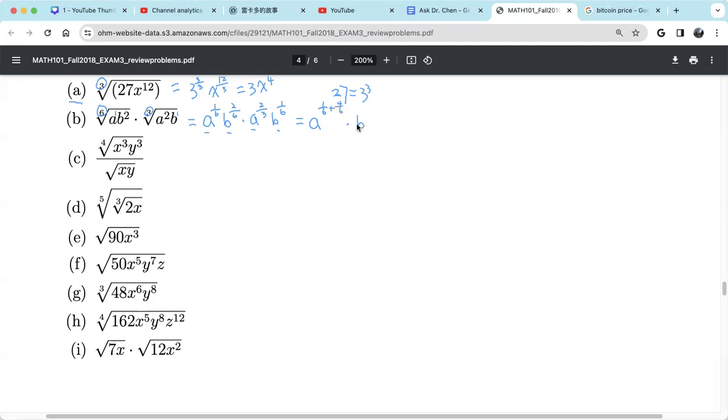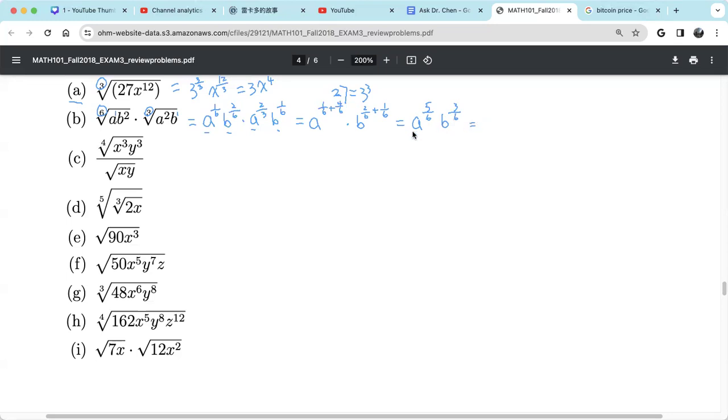Then multiply by B. B, we have 2 over 6. We don't want to simplify because we want to combine with 1 over 6. Right, so we have b raised by 1 over 6, b raised by 2 over 6. So now 1 over 6 plus 4 over 6, that's 5 over 6. For b, the exponent is 2 over 6 plus 1 over 6, that's 3 over 6.